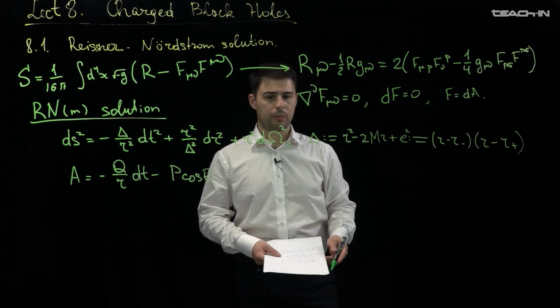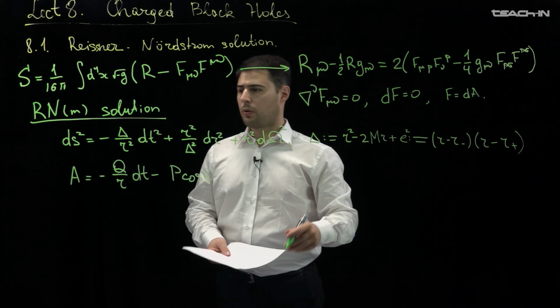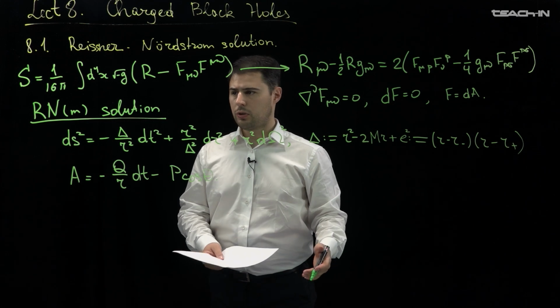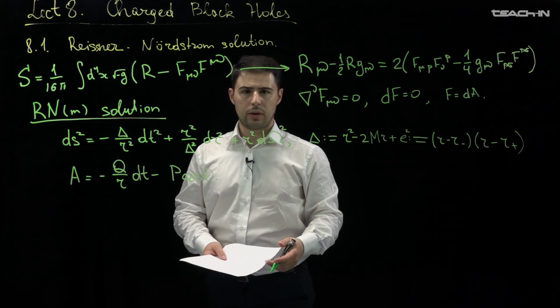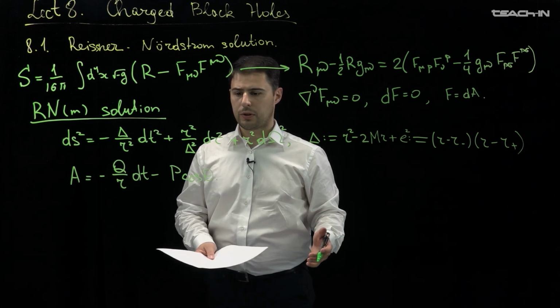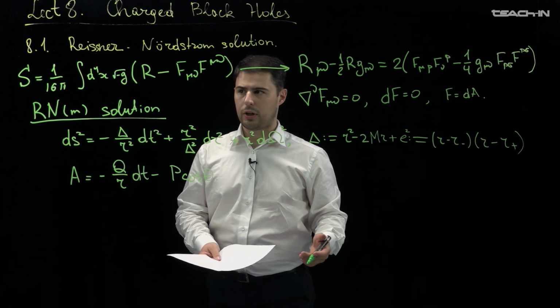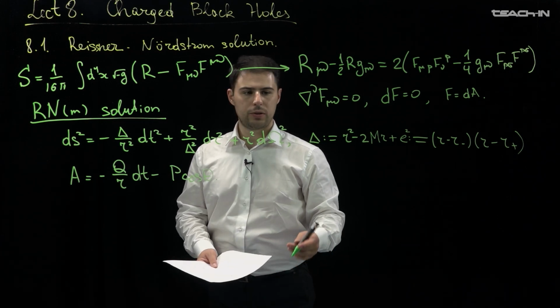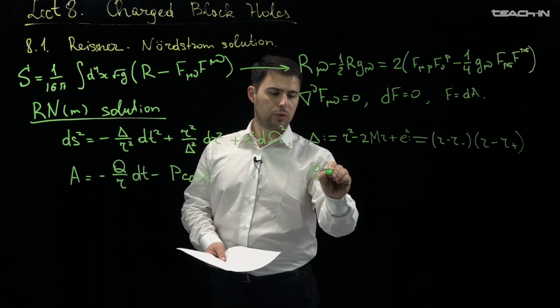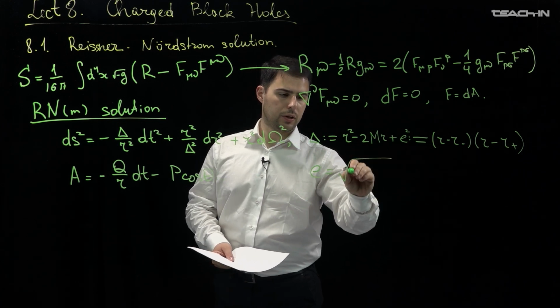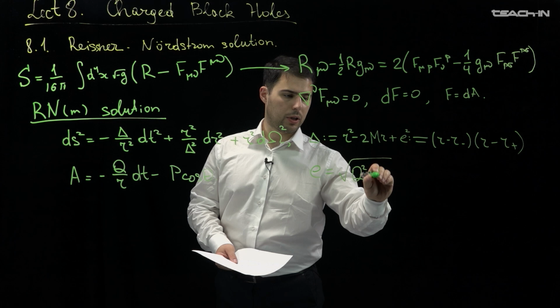Good. So we are considering a generalized solution, which includes a magnetic charge, although unphysical but still geometrically interesting, and the total charge is given by e squared equals q squared plus p squared.